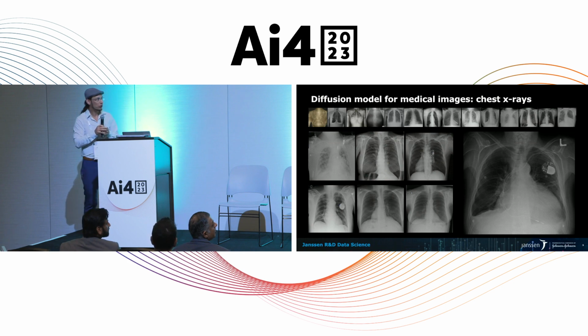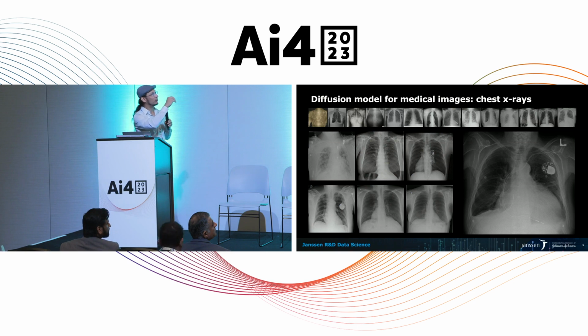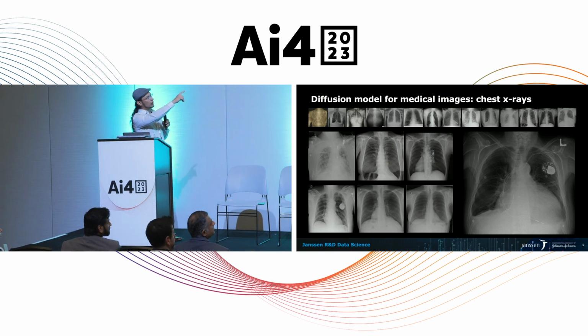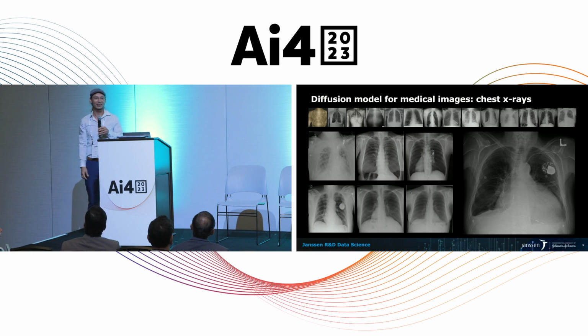And when I asked it to generate a chest X-ray, it started by making some weird images, but as you go on, the images start to get better and better, up to the point that after training for a day, I took a bunch of those images and sent them to, again, a clinician friend who works in the ER, and he called me immediately. He's like, where did you find those X-rays? Those are weird. And I said, what do you mean those are weird?